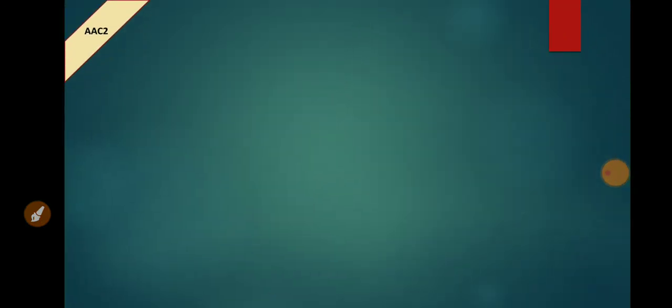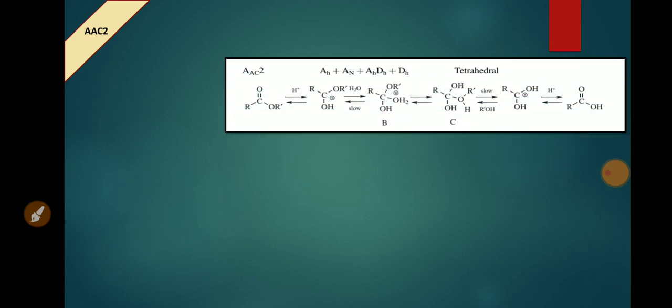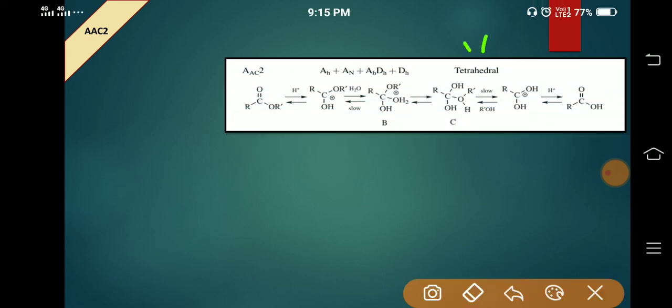Second mechanism, AAC2, that is acid catalyzed acyl cleavage bimolecular. Okay, this mechanism operates by the tetrahedral mechanistic pathway. Okay, and the IUPAC nomenclature for this is AH plus AN plus AHDH plus DH.